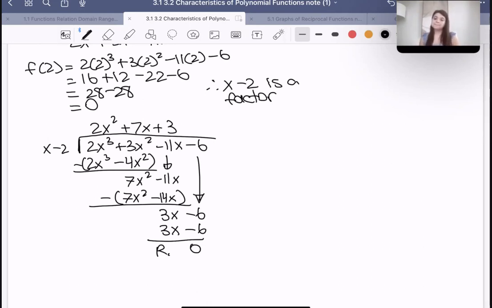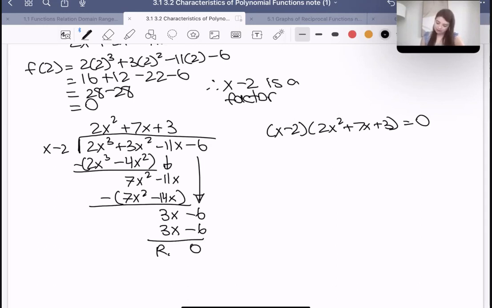Okay, so now we know that we have x minus 2 times 2x squared plus 7x plus 3 is equal to 0. And now we just need to factor this using other methods. We could keep doing the long division method, but we already know easier methods for quadratics, so we're just going to do that.